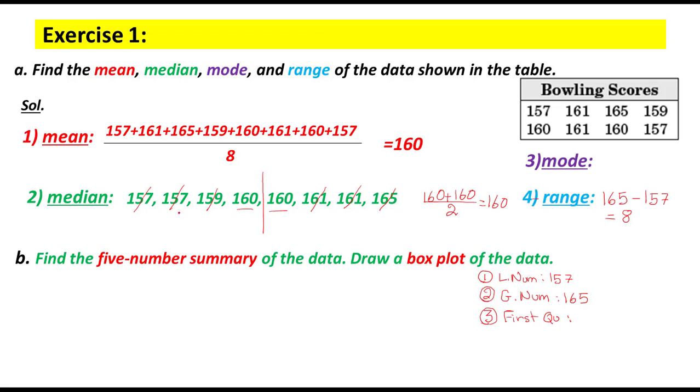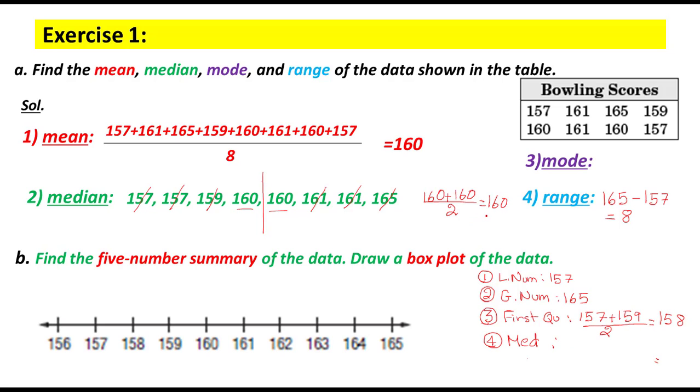Then the first quartile is 157 plus 159 divided by 2, which will give me 158. My median, I got it before, is 160. And my third quartile is 161 plus 161 divided by 2, which is 161.